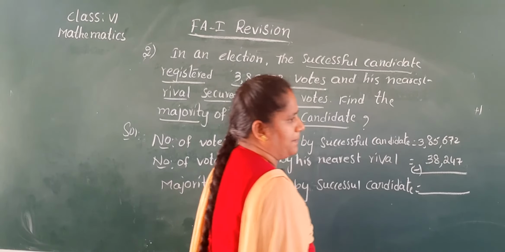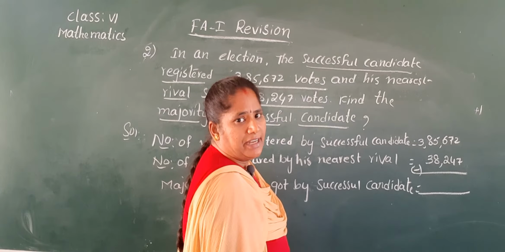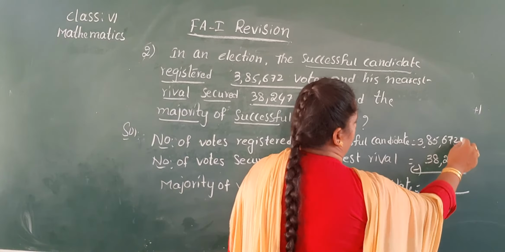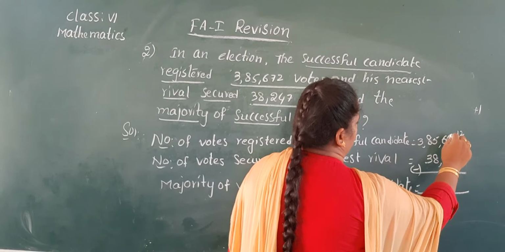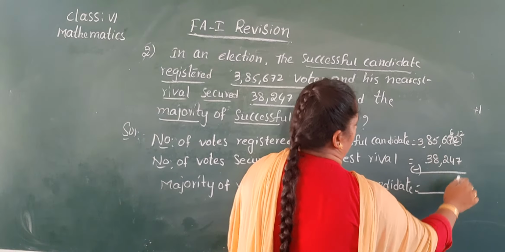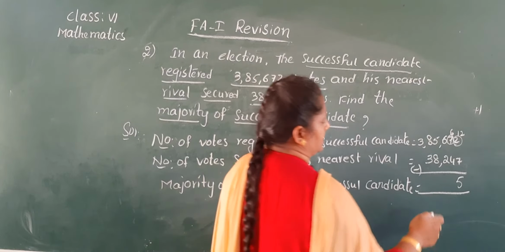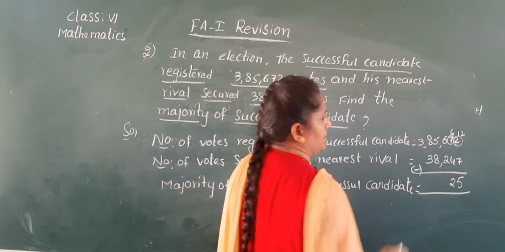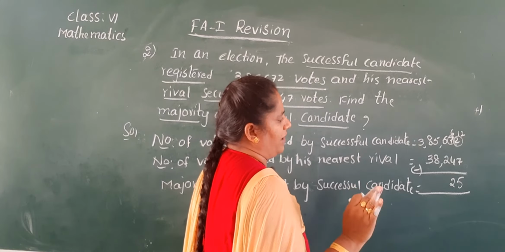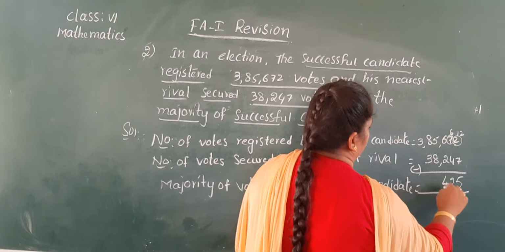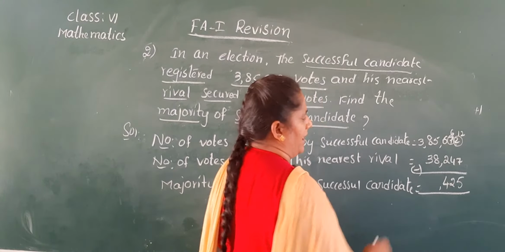Okay? So, here we do the subtraction. Come on, tell me the subtraction. 2 minus 7 not possible. So, that you take borrow 12. 7 before 6. 12 minus 7 is 5. 4 to 6. 4 after 5, 6. 2. 2 to 6. 2 after 3, 4, 5, 6. 4. 8 is greater than 5.